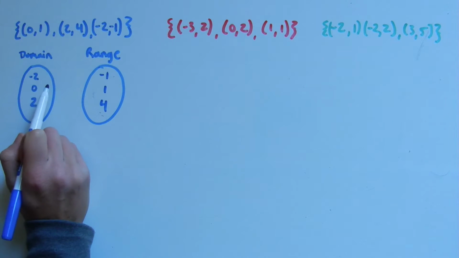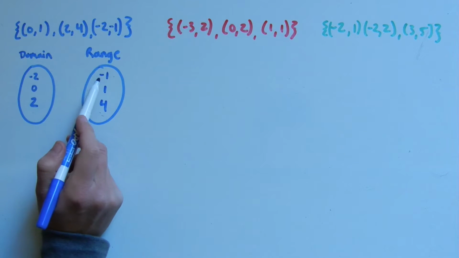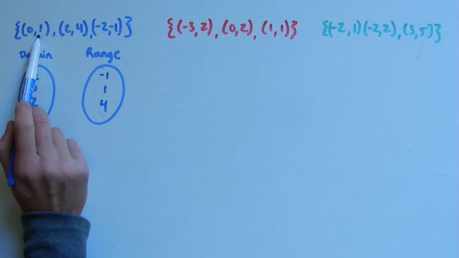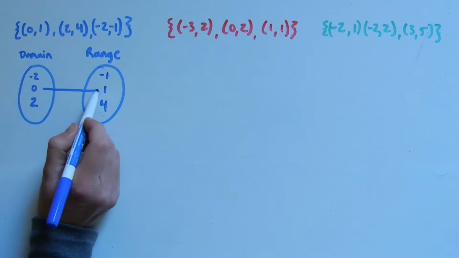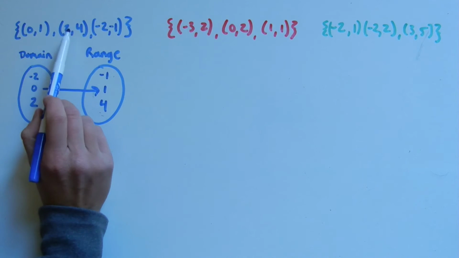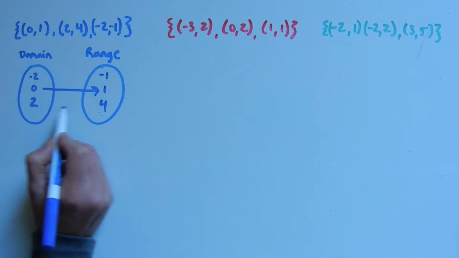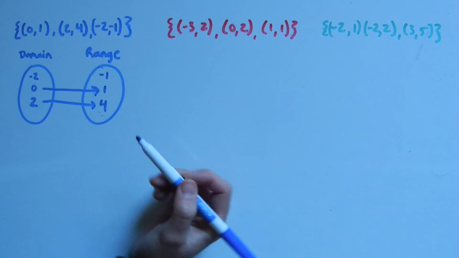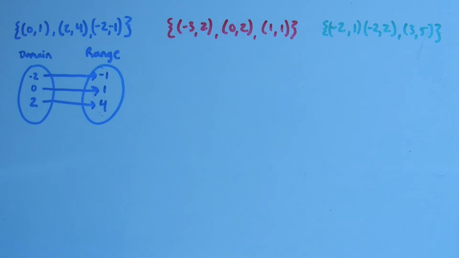We're going to draw a line from the value within the domain to its pairing in the range. So for our first ordered pair, 0, 1, we're going to draw a line from 0 to 1. For our second coordinate, 2, 4, we're going to draw a line from the value 2 to the value 4. And then last but not least, from the negative 2 to the negative 1.